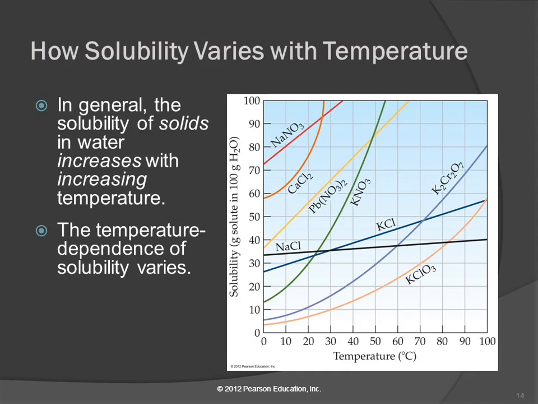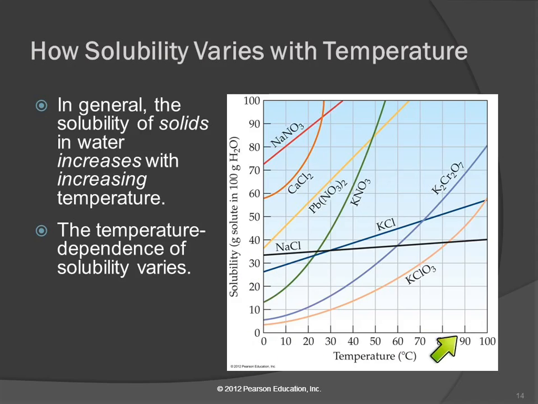The solubility of solids varies with the temperature, and it's not consistent. Some things, the solubility varies a lot with temperature, and some things it varies not very much at all. Here we have sodium chloride.